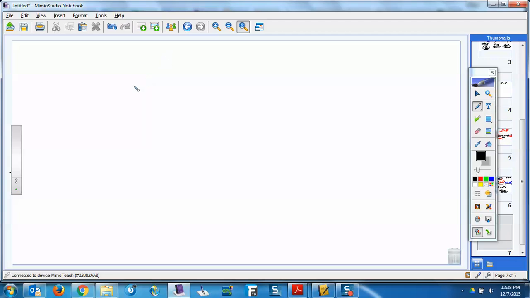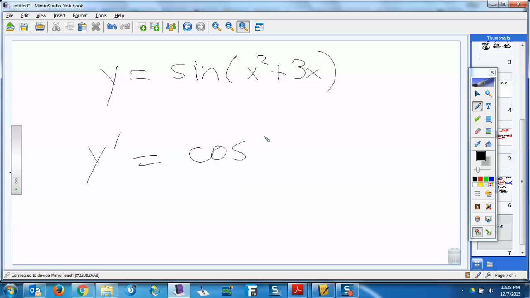I'll be honest, it's more important that you can do this problem right here. Here's what I don't want to see tomorrow. I don't want to see people doing this. This is going to drive me nuts.